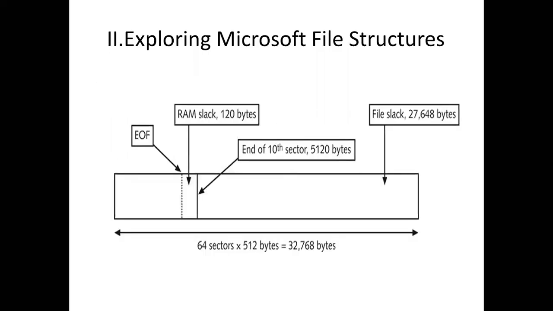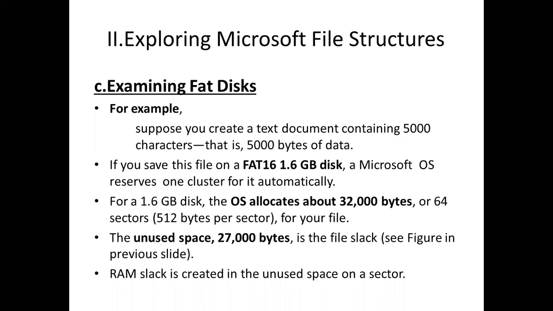So I'll repeat this again. This is an example of how you allocate a FAT. We are going to consider an example where we create a text document of 5,000 characters. Okay. And we are using FAT16 as it is a larger disk, maybe a 1.6 GB disk. So generally the OS automatically allocates 32,000 bytes.